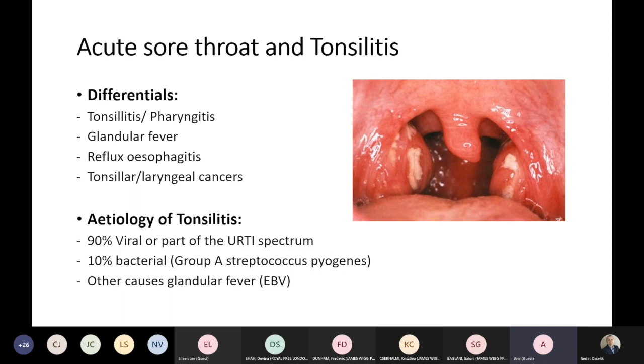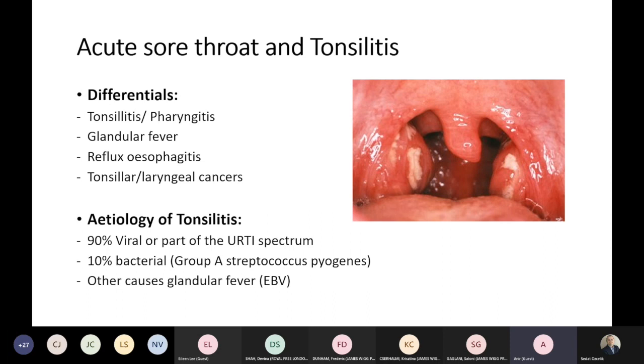We might want to think about reflux or an acute esophagitis as a cause of sore throat symptoms. It's important to think about red flags such as malignancies, hematological malignancies, or even rare cancers like laryngeal cancers, tonsillar cancers. And we can talk about how we might identify features of those as opposed to thinking about an acute tonsillitis.